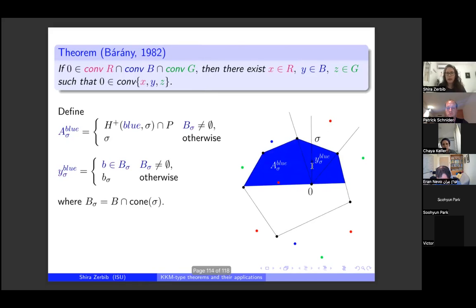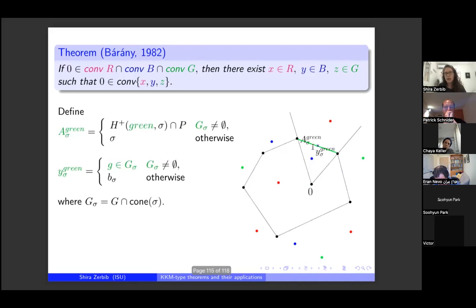And similarly, I have a blue point here, so I'm doing the same for the blue. I take the hyperplane perpendicular to this point, I'm taking the positive part of its intersection with my polytope, and this will be my A sigma blue. And my Y sigma blue will be just this blue point.